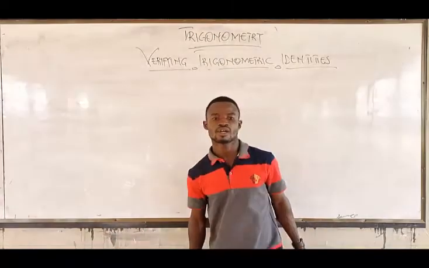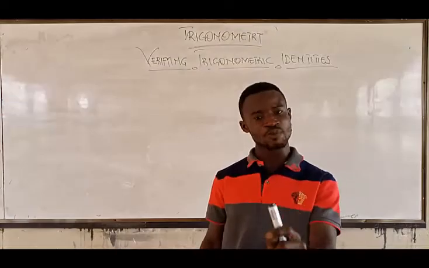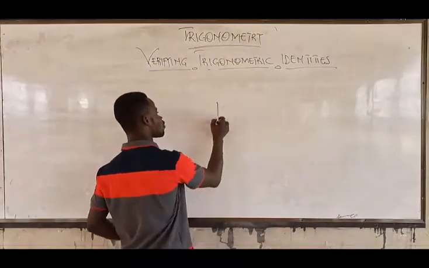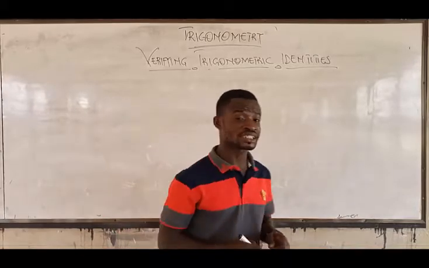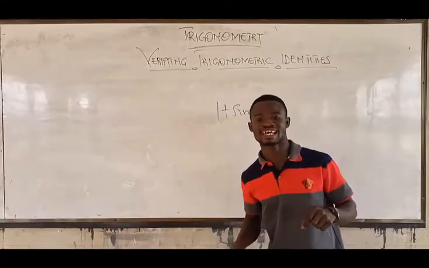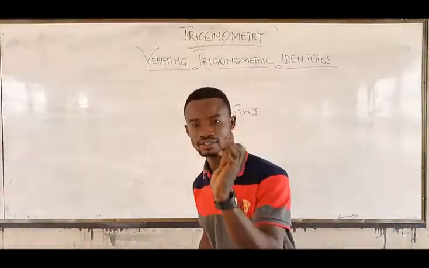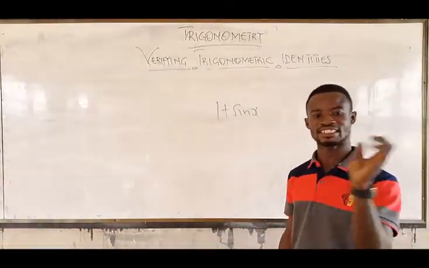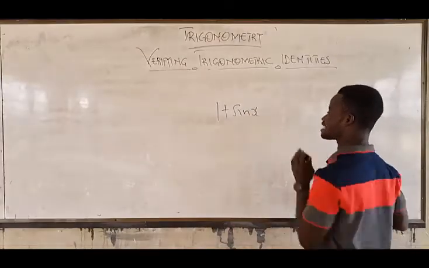Alright, point 6. If an expression contains 1 plus sine x, multiply both numerator and denominator by 1 minus sine x. It's like you want to rationalize it.